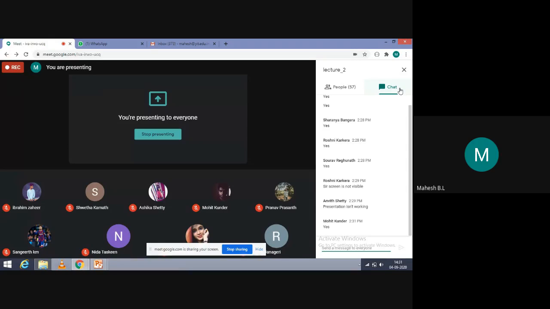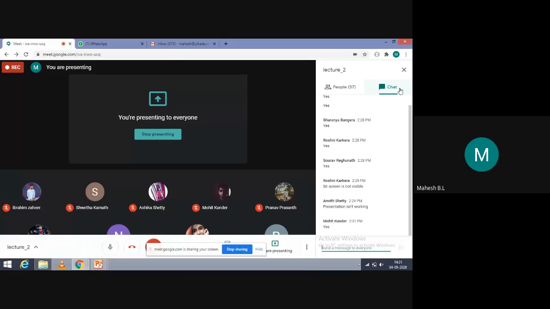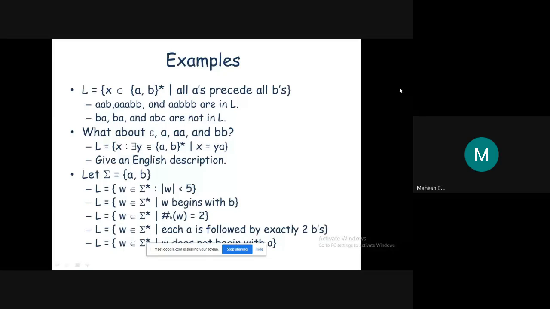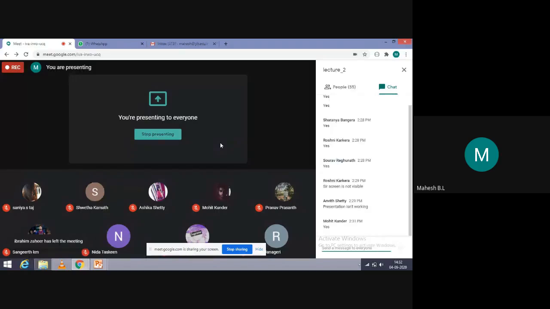So now you know what the language is. The language is nothing but the set of the strings which are formed using A's and B's and which end with A. So give some strings which belong to this language. Yes, Anvit, give some examples.